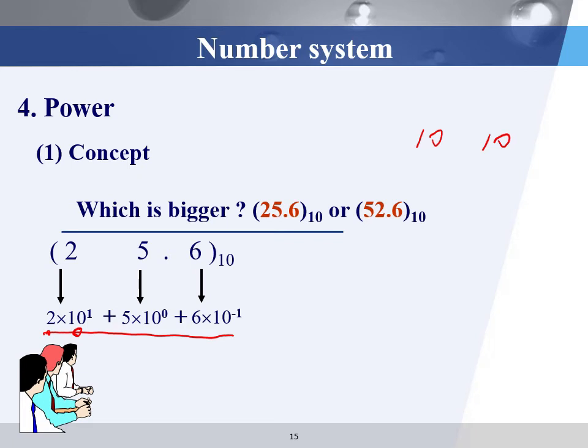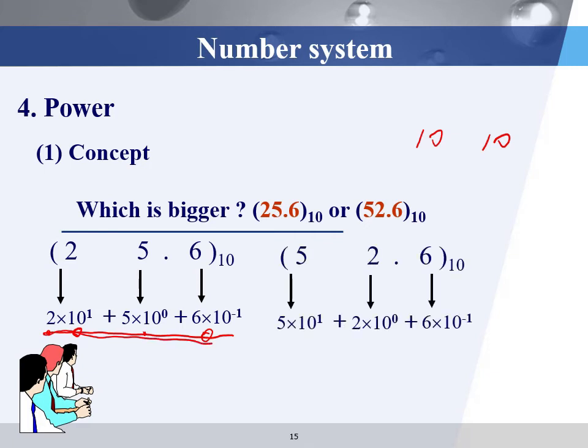And the power for this position is 1. And the power for this position is 10 to the negative 1 power. So we can calculate the real value by doing this calculation. Similarly, we can calculate the real value of this number by using the same approach.